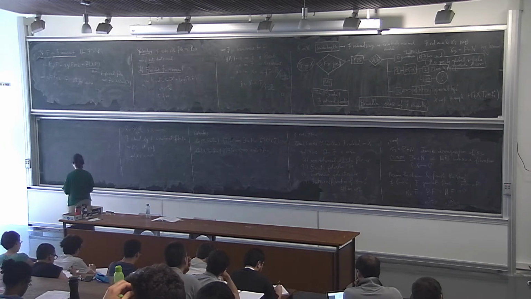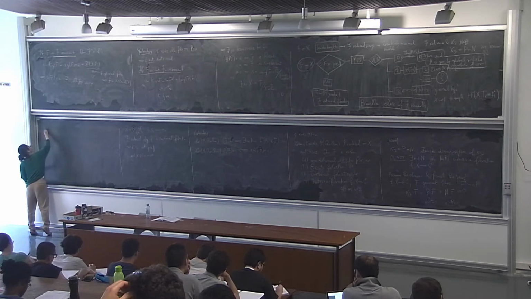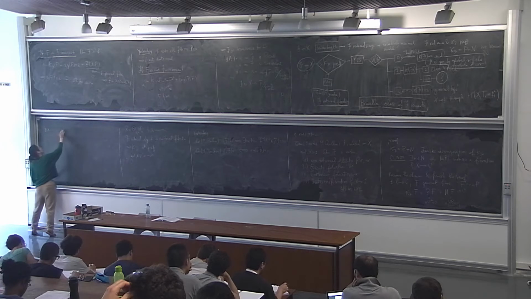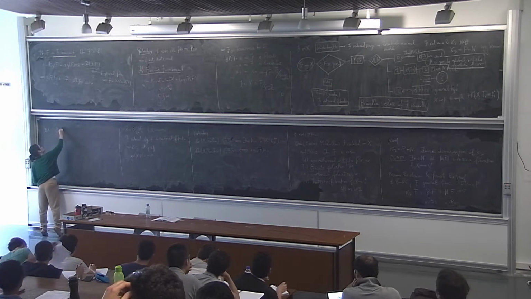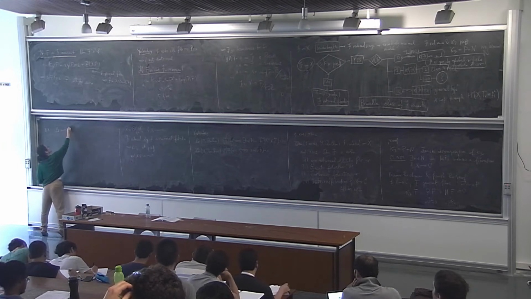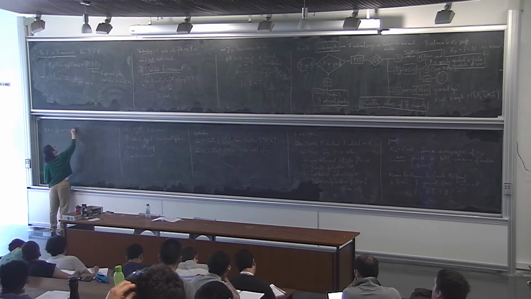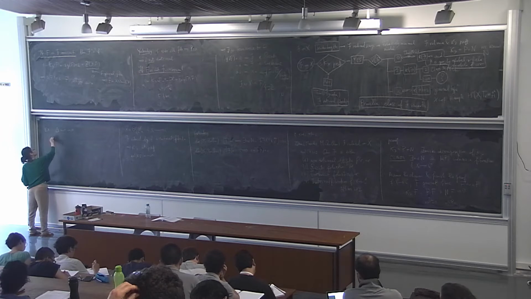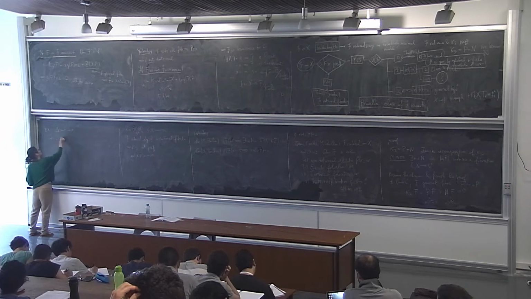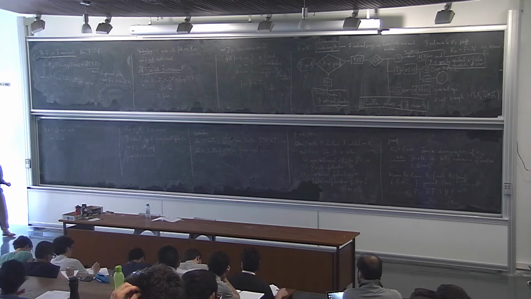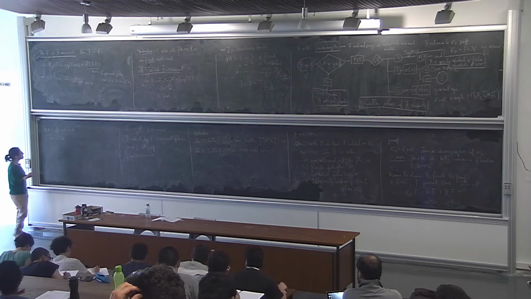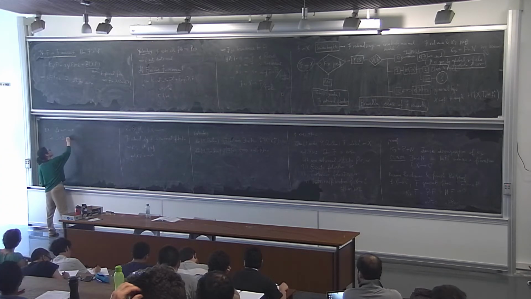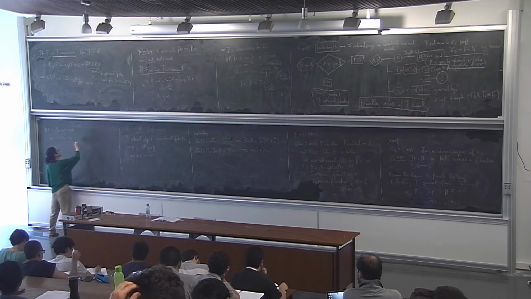OK, so example. We consider delta the unit disk. And so delta cross delta, there are two natural foliations given by the two projections. So we just fix one.